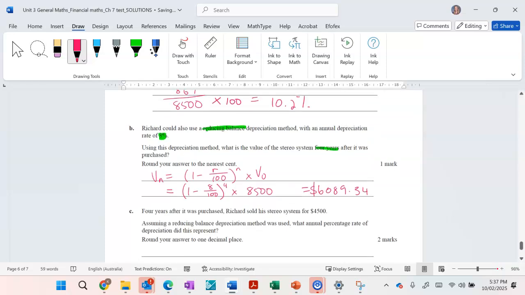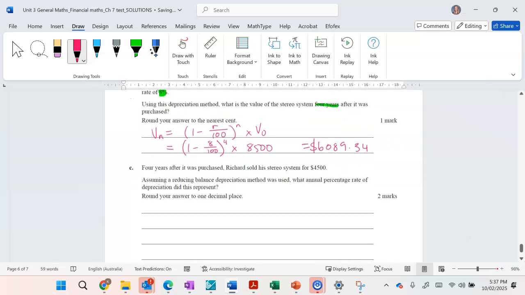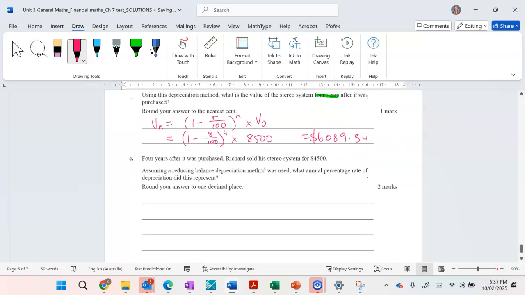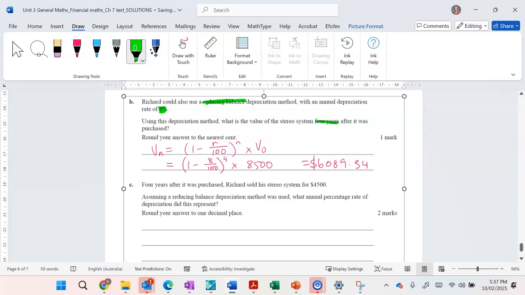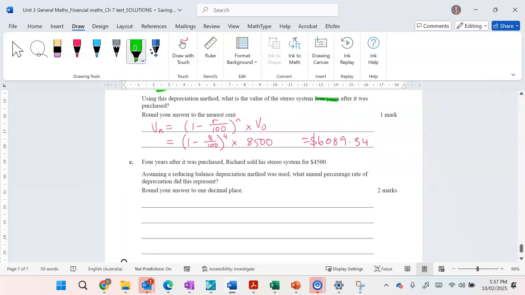All right, 4 years after it was purchased, Richard sold his stereo system for 4,500. Assuming a reducing balance depreciation method was used, what annual percentage rate of depreciation did this represent? All right, so kind of similar to before. We were given a percentage, this 8% up here. This time we've got to calculate a different percentage.